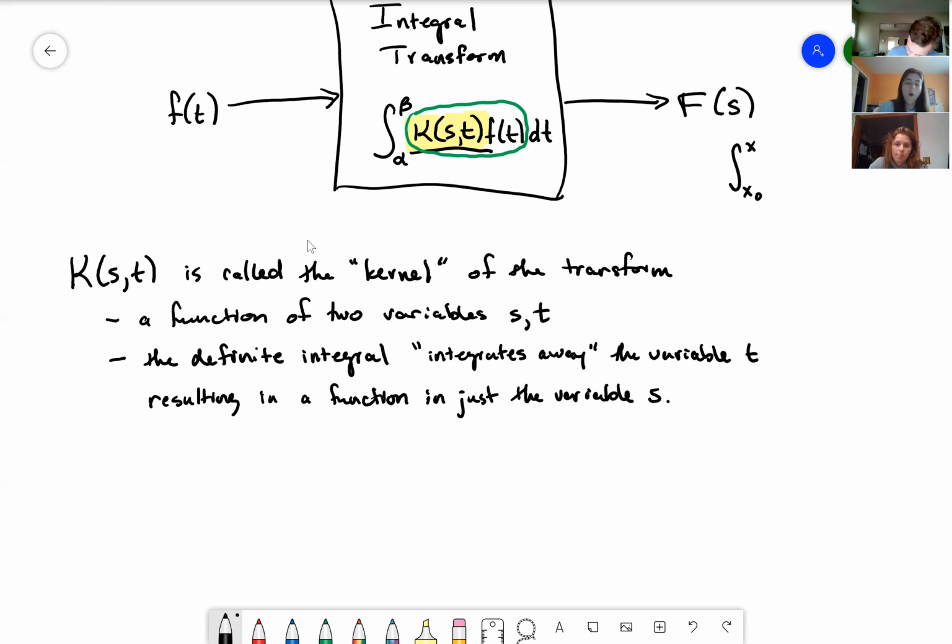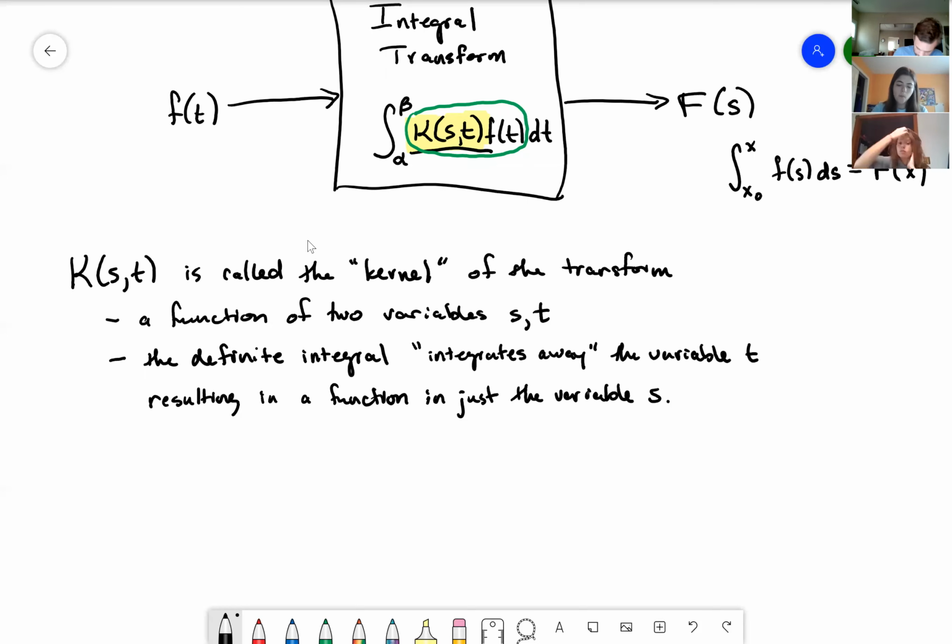So we were having x as the upper bound, and we used s as a dummy variable. Then what we got at the end was the antiderivative of that function. So that's what happens in a definite integral. The variable that we're integrating on ends up completely going away.